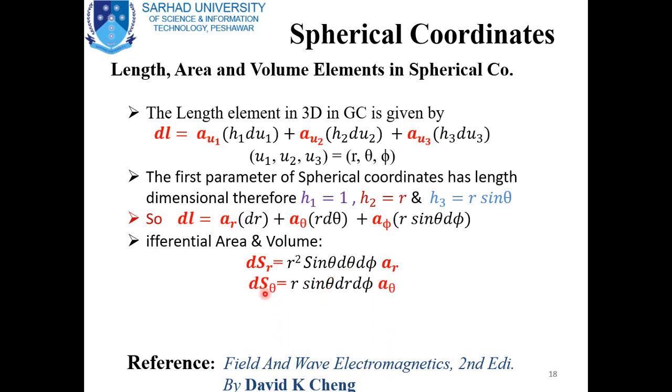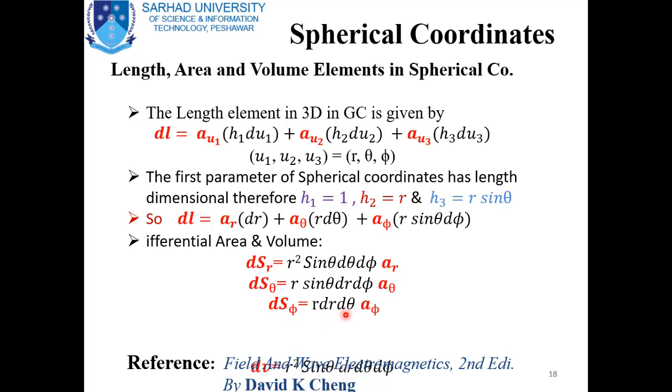The second surface, which is perpendicular to the theta direction, must be equal to r sin theta dr d phi, and the third surface, which is perpendicular to the phi component, must be equal to r dr d theta, and a phi is the perpendicular direction of the plane which is made by r and theta.